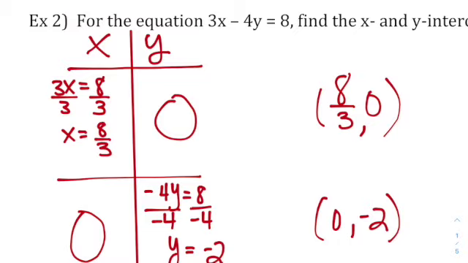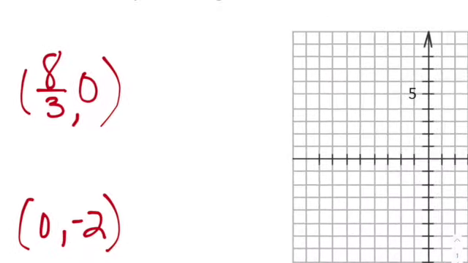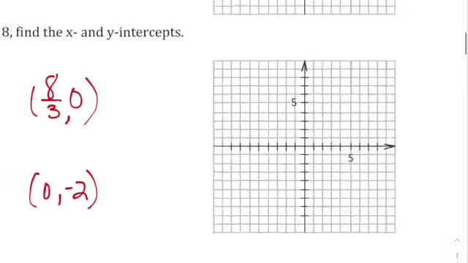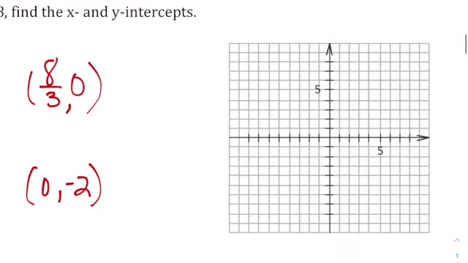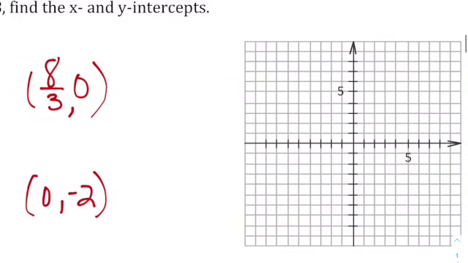Now, don't panic because you had to graph 8 over 3. If you need to, take your calculator and punch it in. But if you remember what I said about slices of pie, I have 8 slices of pie. Every pie is made of 3 slices. How many pies do I get?